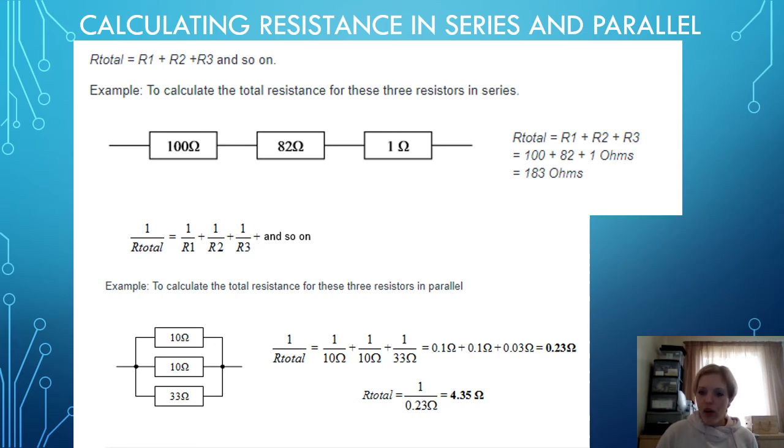And if I work that out, it should give me a total of 0.23, 1 over 0.23. Once I flip this and I work this out, it should give me a total of 4.35 ohms. Okay, so make sure that you follow the formula. If you guys are getting stuck, please drop me a message.